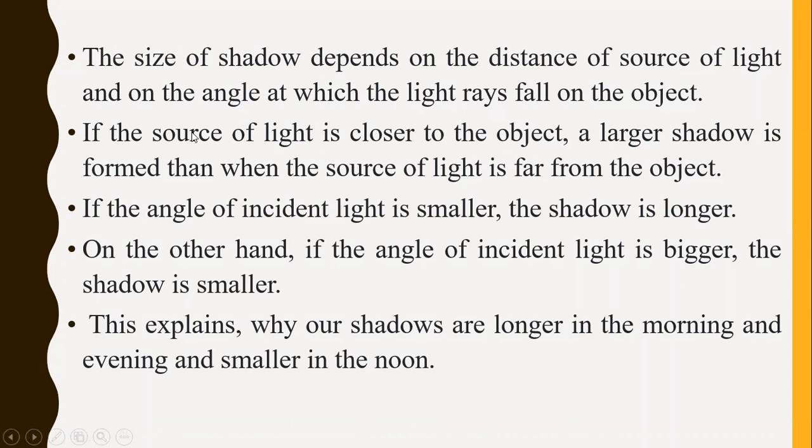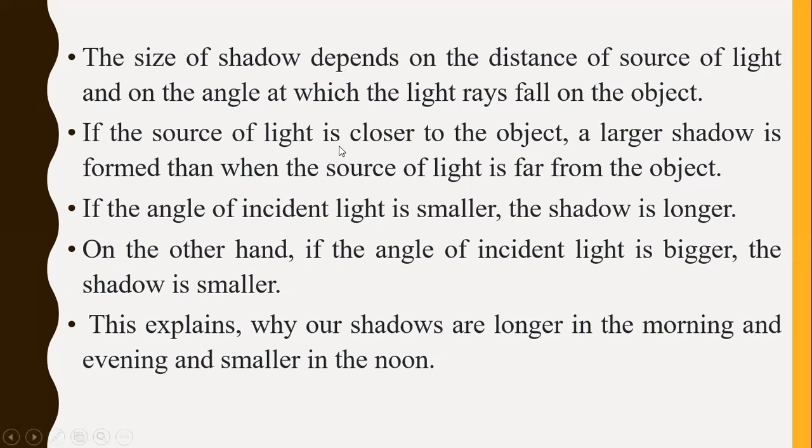As you can see, if the source of light is closer to the object, a larger shadow is formed than when the source of light is far from the object. So if the light source is very near, the shadow is larger, and if the light source is far, then the shadow is smaller.